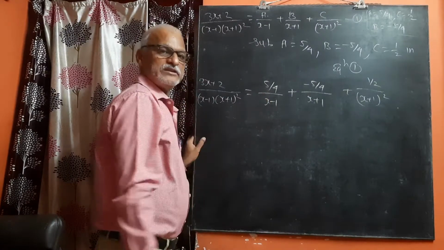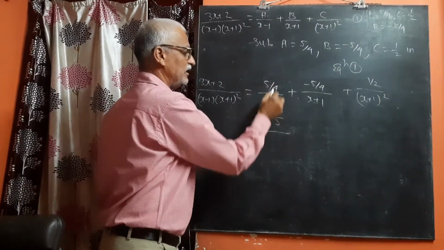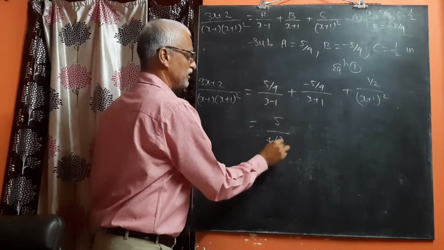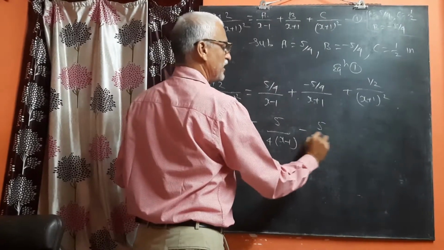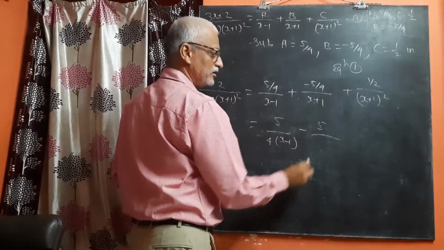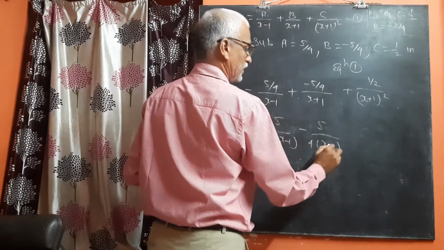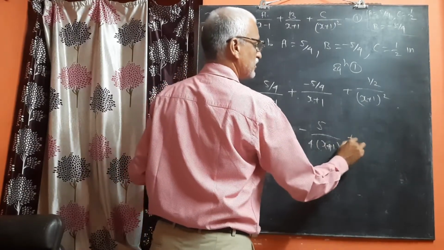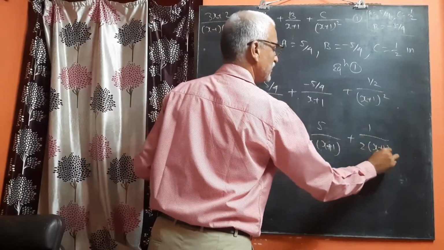These are the partial fractions of the given problem, or you may further simplify it as 5 divided by 4 into x minus 1, plus minus 5 divided by 4 into x plus 1, plus 1 upon 2 into x plus 1 the whole square.